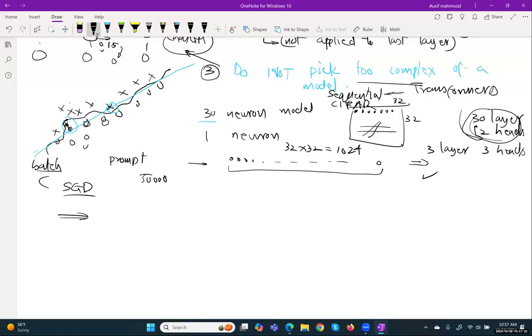When we have a batch of data, suppose here's one data, here's another data, let's say the batch size is 4. So this is X1, X2, X3. These are training data.